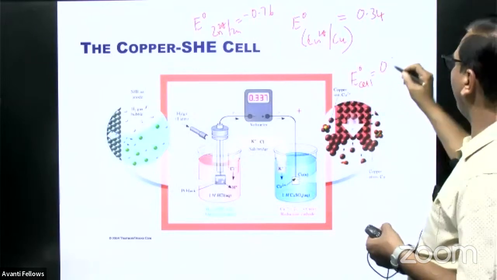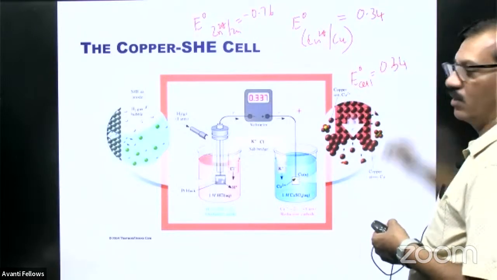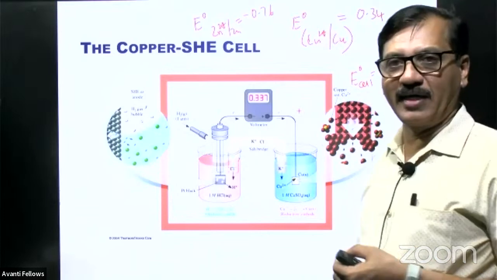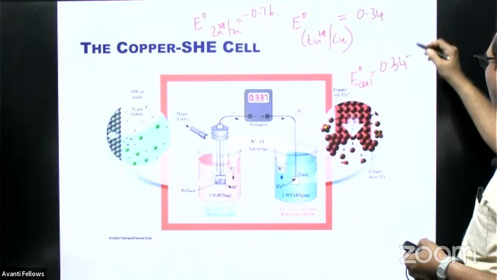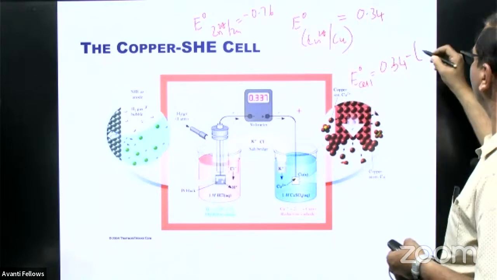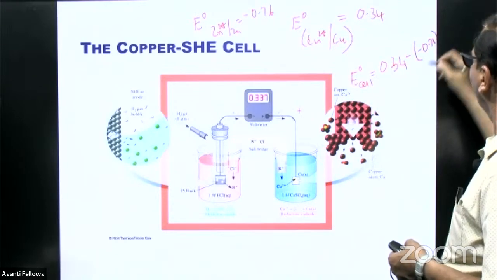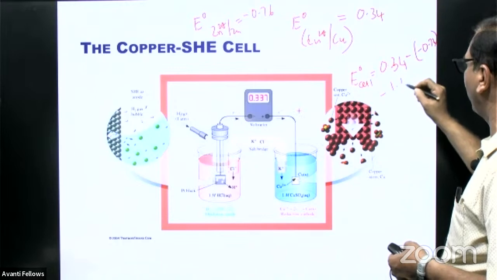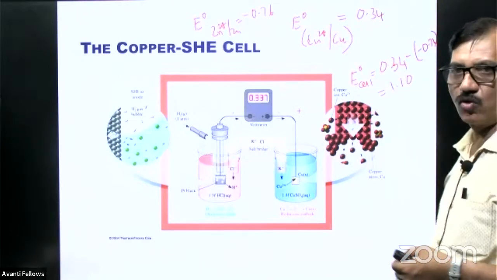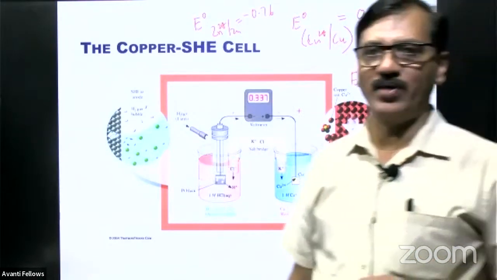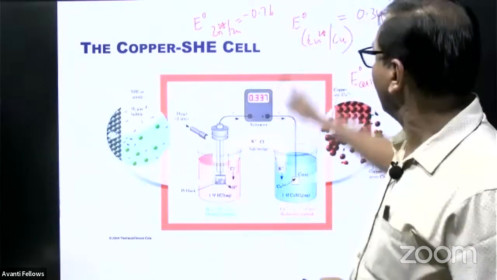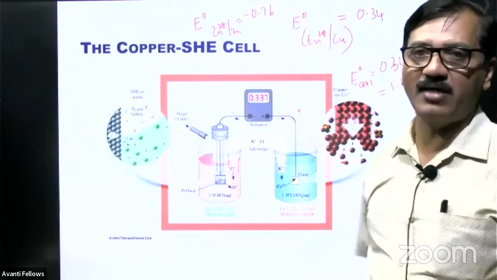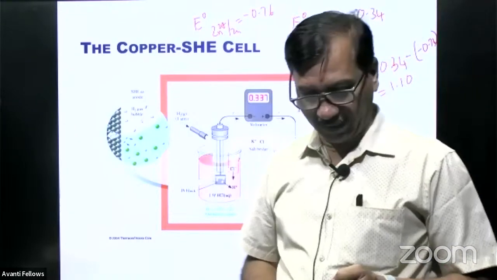E0 right is 0.34, where the reduction takes place, minus E0 left, that is minus 0.76. Therefore, this is 1.10. So why are we observing 1.10 when the zinc half cell and the copper half cell are connected? Because each half cell has its own standard electrode potential, right?